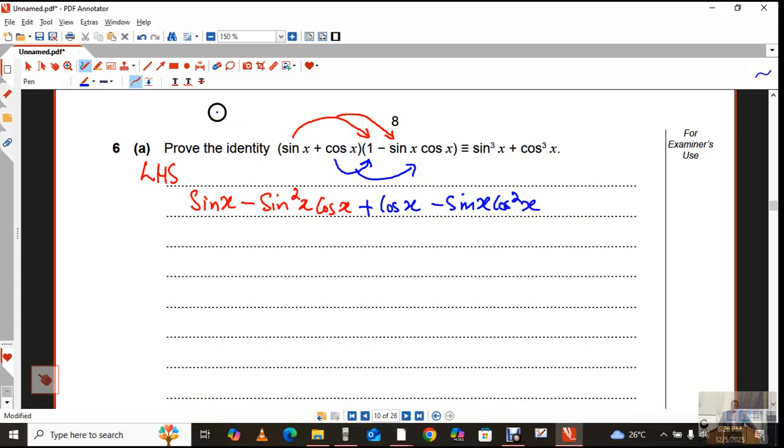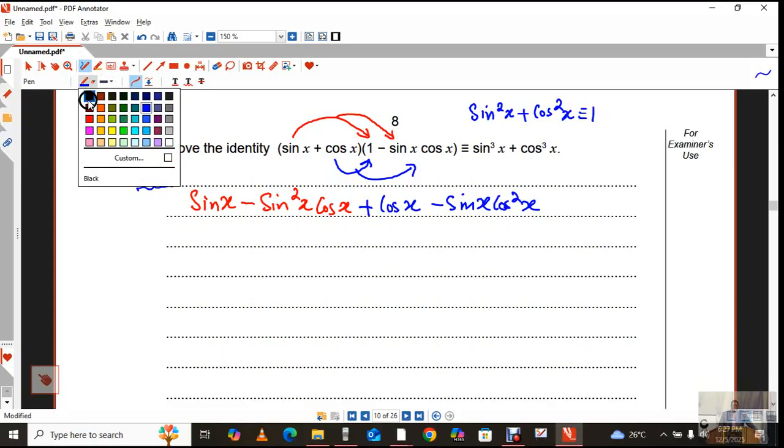Very important. Now, from your basic trig identity, sin square x plus cos square x, which is identical to 1, you should know that there are two more that you can get from here.